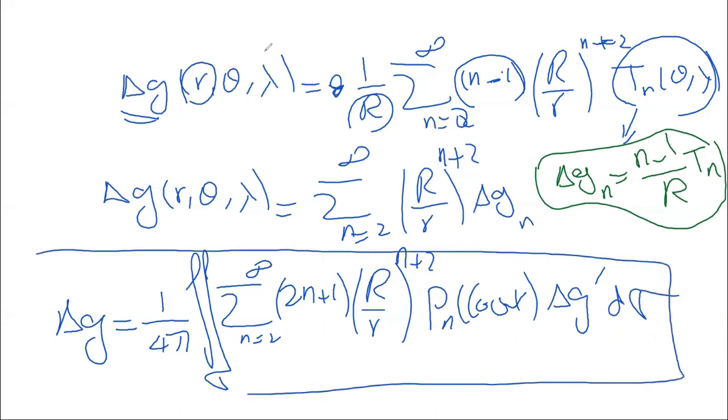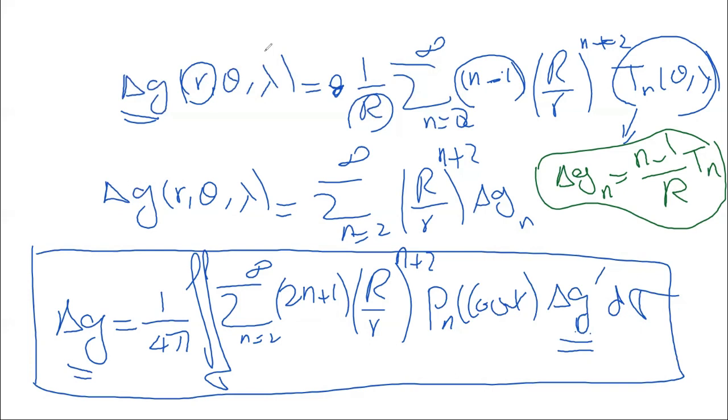Oh, I missed the summation. That's the formula which, if you have this delta g at the surface of the boundary, you can generate that delta g at any point outside the Earth.